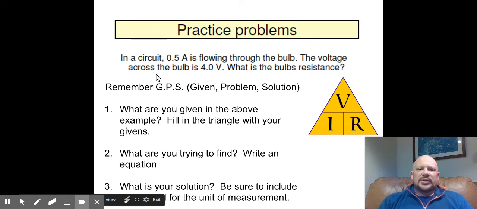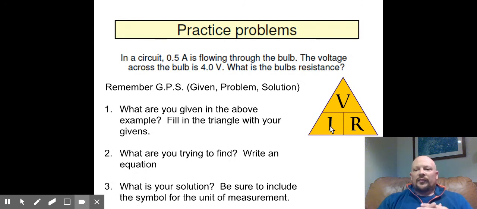Then the voltage across the bulb is 4.0. So we're told right there, that's our voltage. It's going to go where the V is. So on that triangle, write the number 4. And we're going to find out the bulb's resistance. So we're given the voltage, 4, and the amps, 0.5.